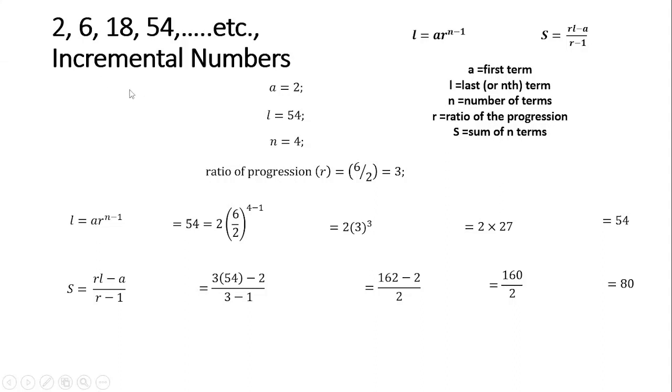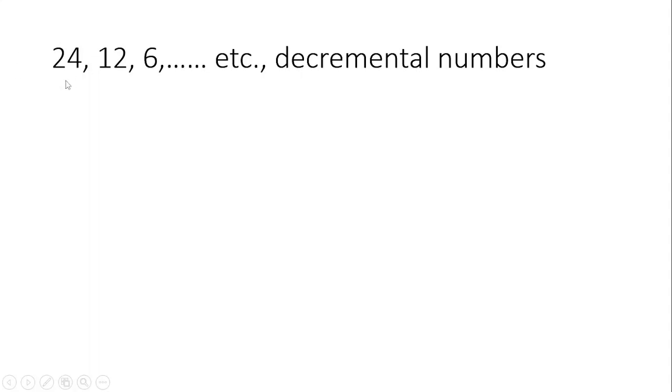Here we saw incremental numbers. Why not? We can also see decremental numbers. Here I can present 24, 12, 6 in a decremental manner. So a decremental progression can also be identified through geometrical progression. Here A, the first term, is 24 and L, the last term, is 6, and the total numbers available are 24, 12, 6.